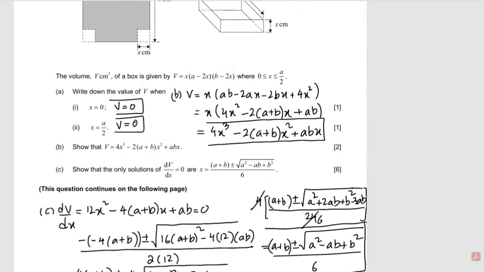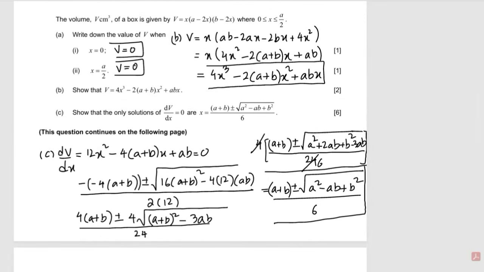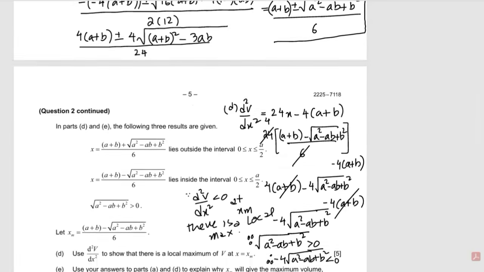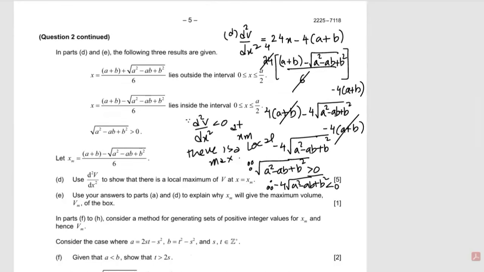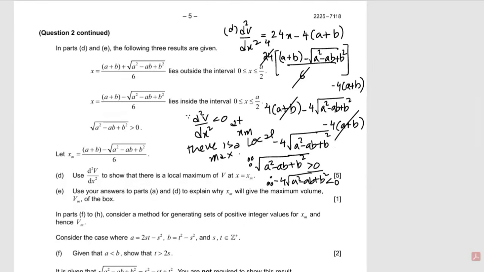In part A, we figured out that volume becomes 0 at 0, and then at a over 2 it became 0 again. So within this, there is a maximum. And remember, it's a cubic function, so a cubic function will have another value which will be a minimum, and that is a maximum.